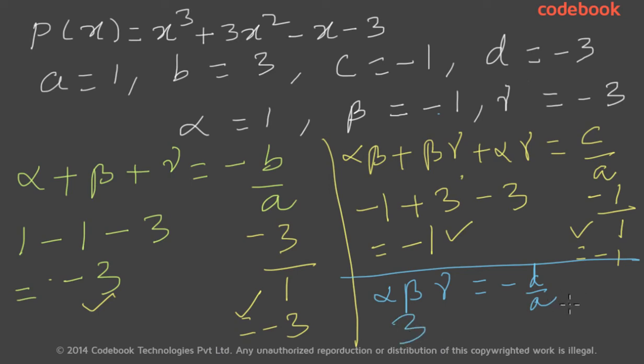So let's see if minus d by a is equal to 3. So we have d equal to minus 3. So minus of minus 3 by a is 1. Minus of minus 3 is 3. So even this relationship holds true. So in this way we can verify that the roots of a cubic polynomial and their relationships with the coefficients are holding.